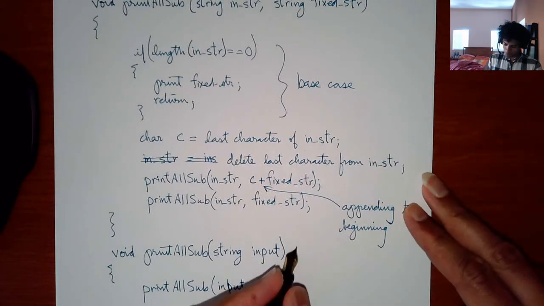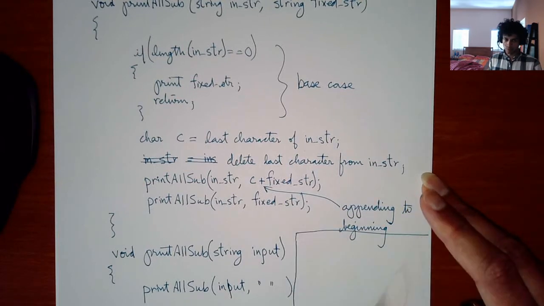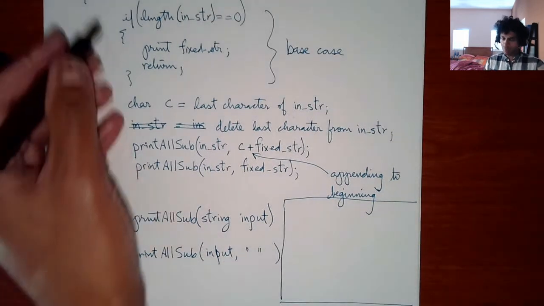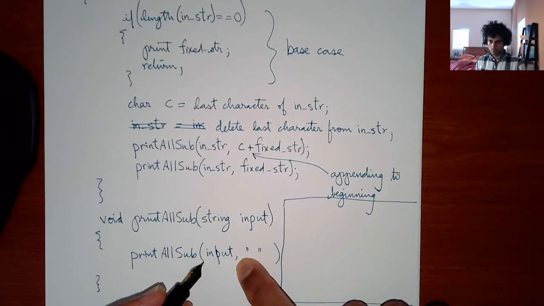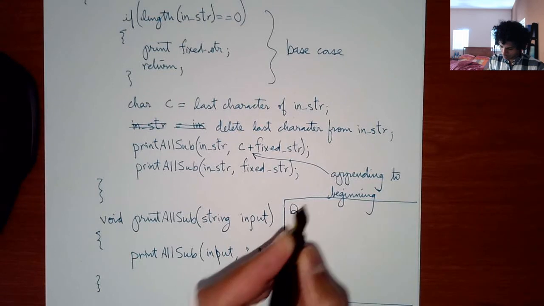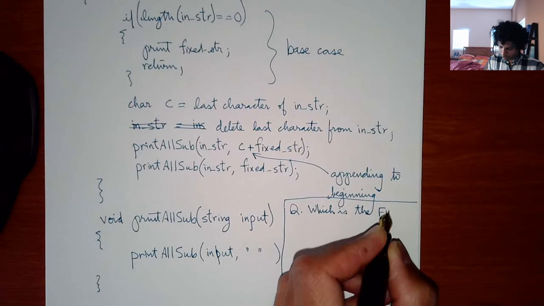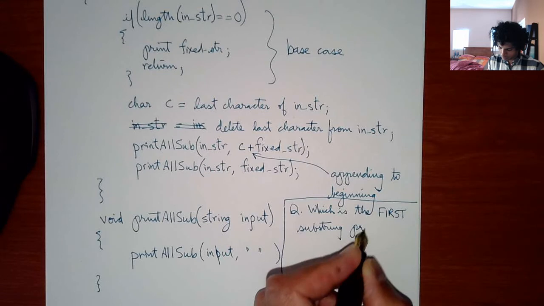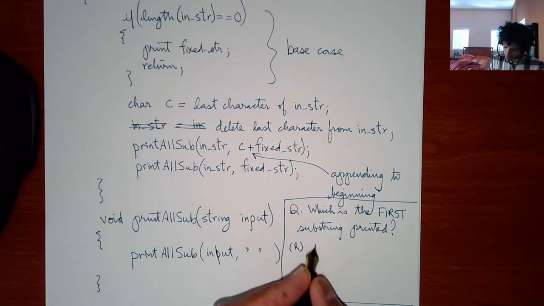So here's my question. When you make this call, which is the first substring printed? Your options are the red option, which is just the input.